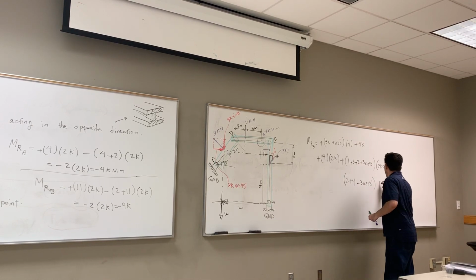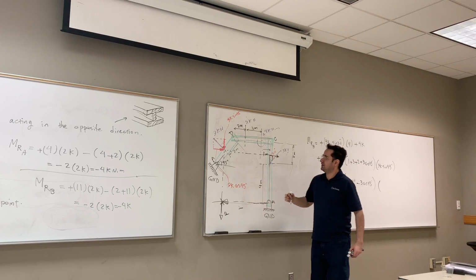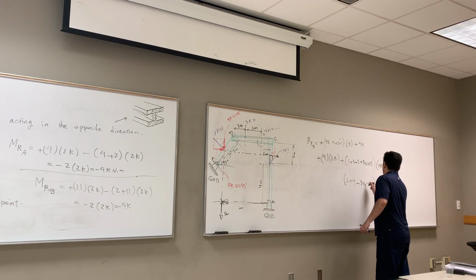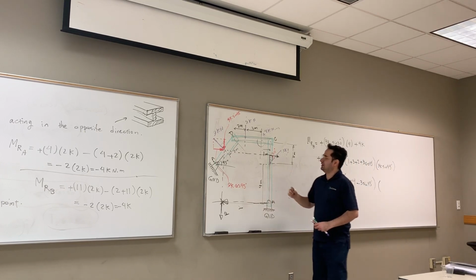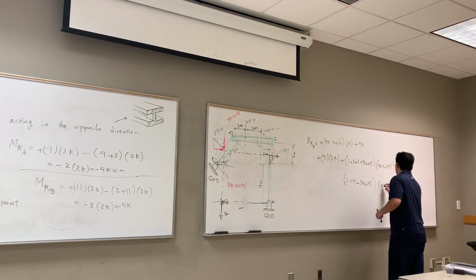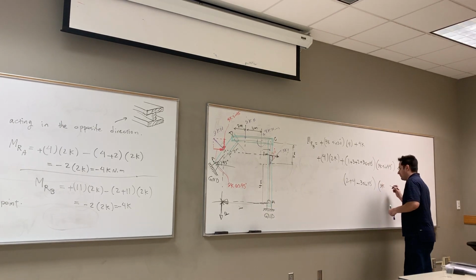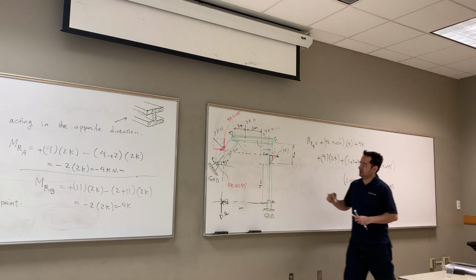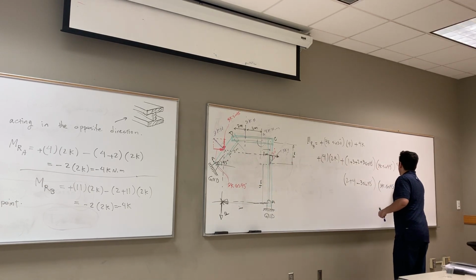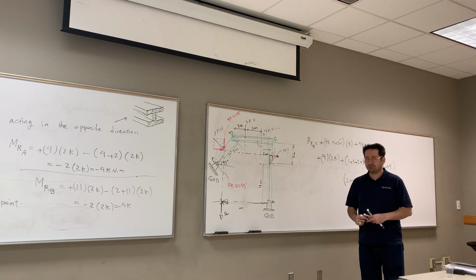Moment arm times, shouldn't that be sine? Yes, sine. Times the value. What's the value? 9K cosine 45. Right here. 9K cosine 45. Positive or negative? Negative.